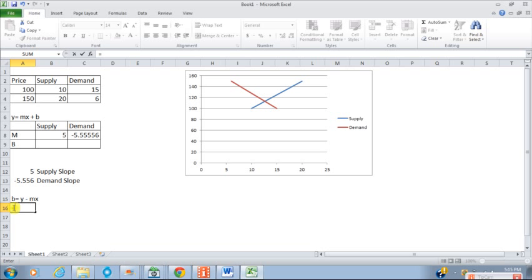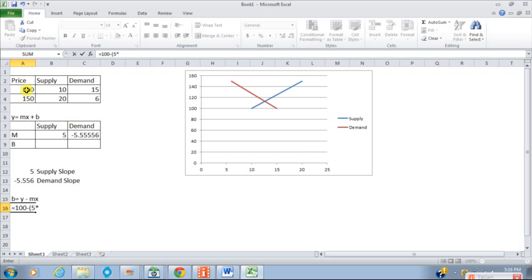So in this case, b equals y. We can use either one. We'll use the 100 price minus the slope, and we'll start with supply, which is 5 times x.